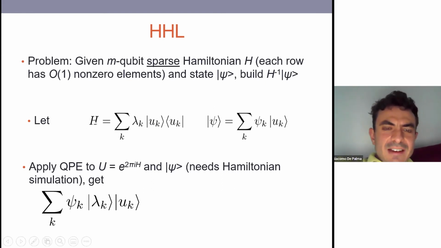In principle, at least formally, we can diagonalize our Hamiltonian. So this lambda k will be the eigenvalues, and this u_k will be the eigenvectors.